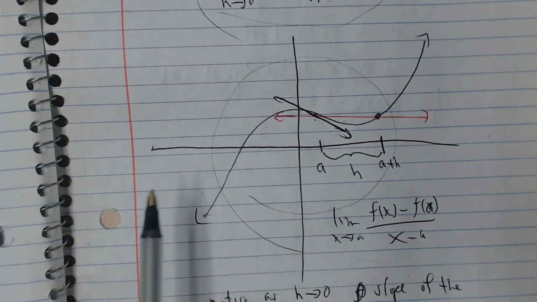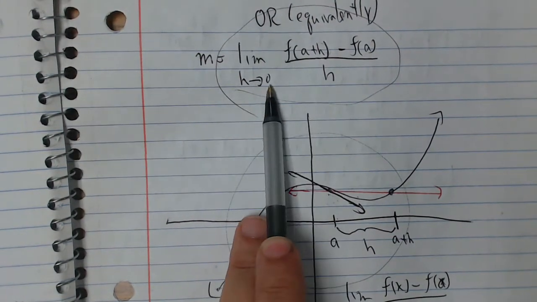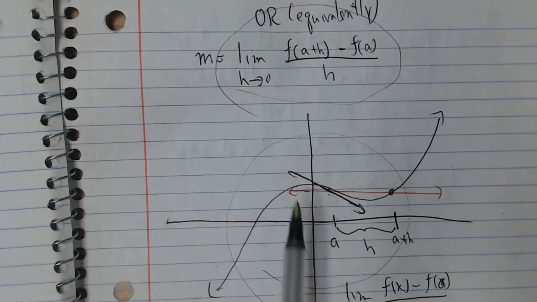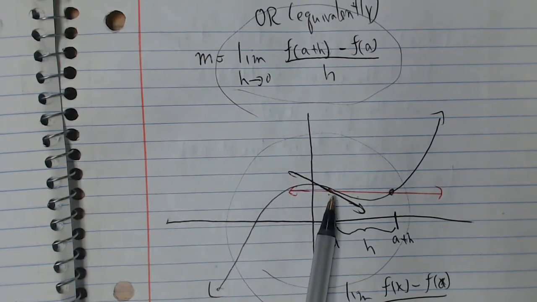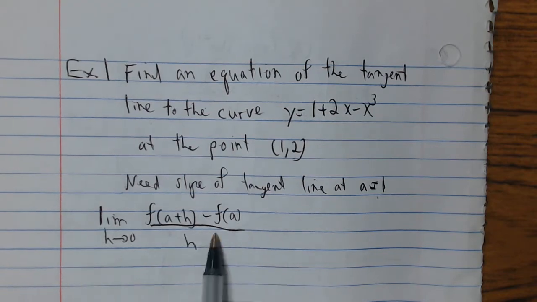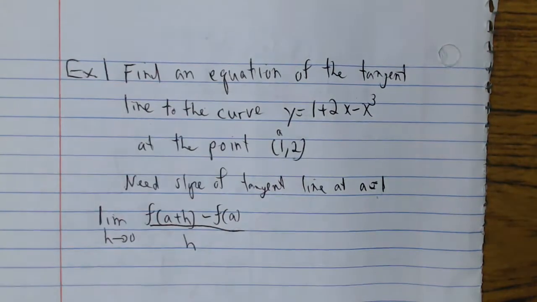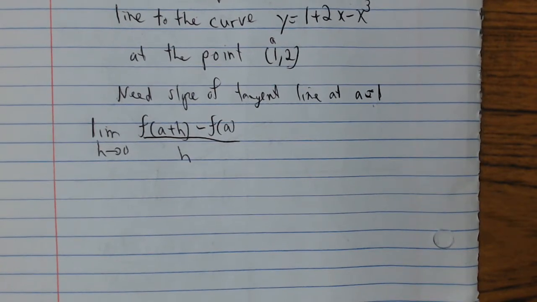Notice that h is just a distance that's approaching 0, so we're not concerned about h, but a is the x coordinate of the point of tangency. So in this problem, based on this definition, that's my a.